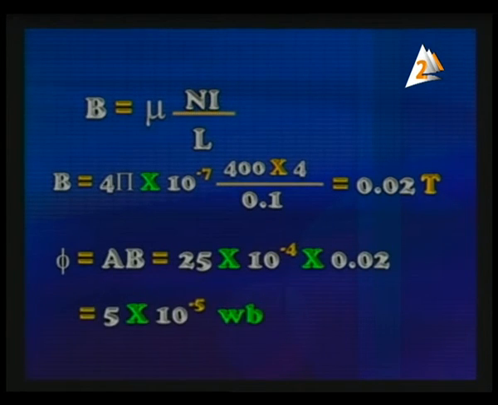So it is equal to 0.02 Tesla. Phi is given by the expression A B. So it is 25 times 10 power negative 4 times 0.02. So magnetic flux is equal to 5 times 10 to the power of negative 5 Weber.